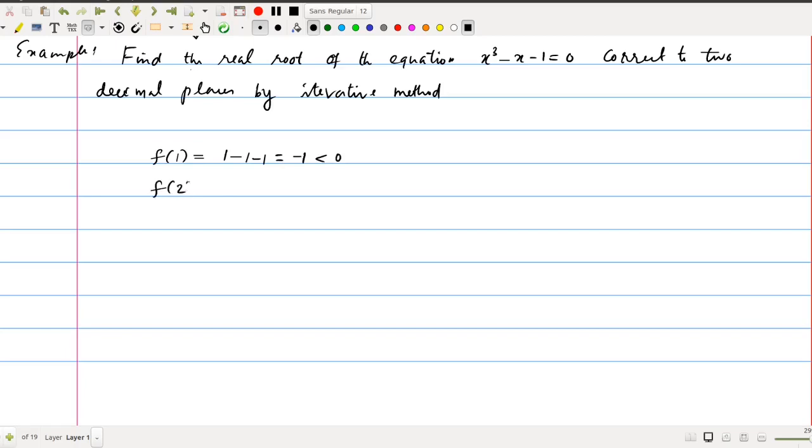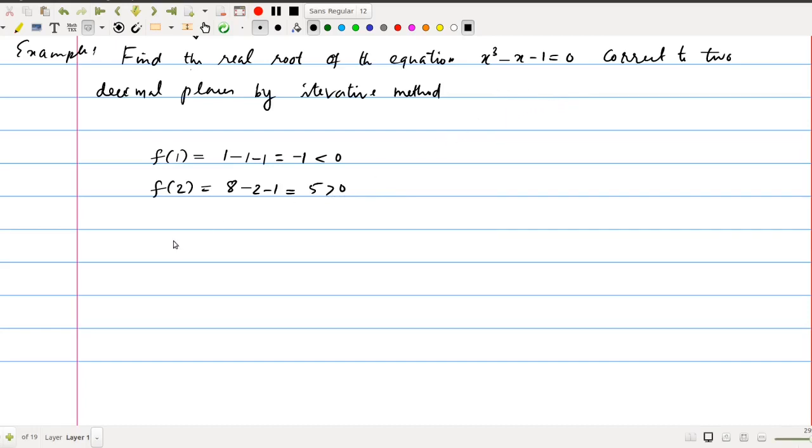And f of 2, if you evaluate, is 8 minus 2 minus 1, that is 6 minus 1, that is 5, which is greater than 0. So f of 1 and f of 2 have opposite signs.